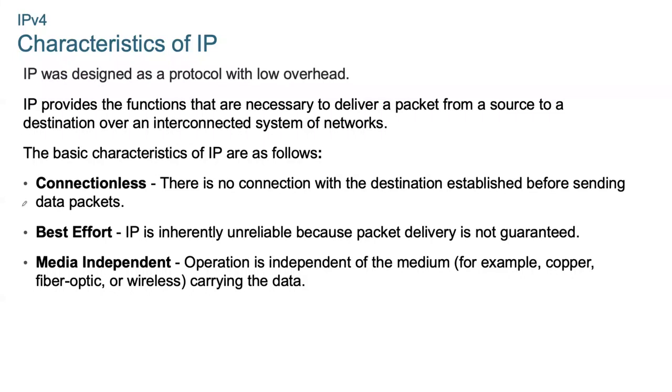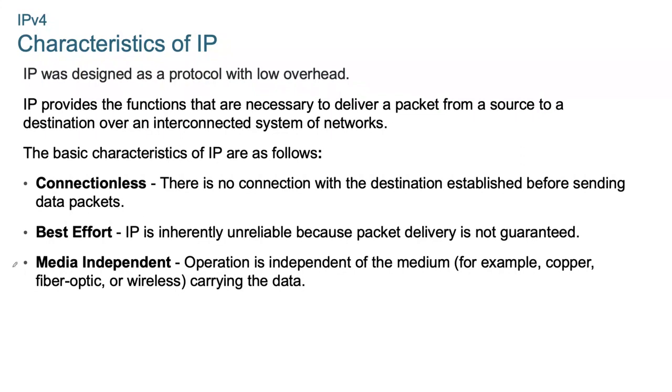So there is no prior communication between source and destination. There is no control message exchange. So that's why it is connectionless. There is no connection established before sending these packets. As you know, when packets are traveling through an unreliable network, there is a possibility that some of the packets may be lost. So that is best effort.